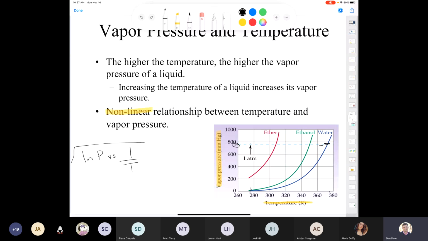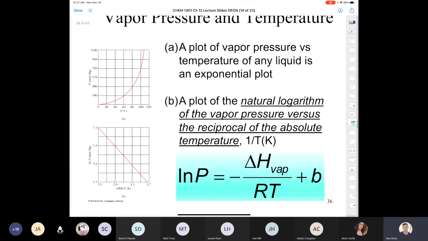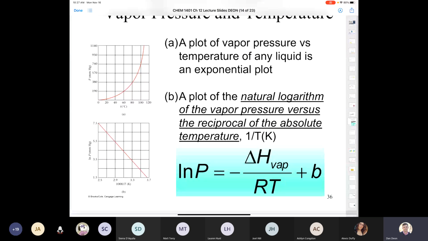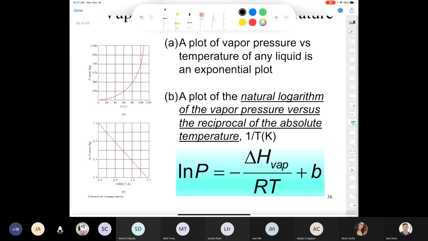And so we're going to look now at the plot of the ln, or the natural logarithm of the vapor pressure versus 1 over temperature. In the first figure here, I have that plot of pressure versus temperature, the nonlinear plot. And here I have the plot of the ln of the pressure and the reciprocal of the temperature.